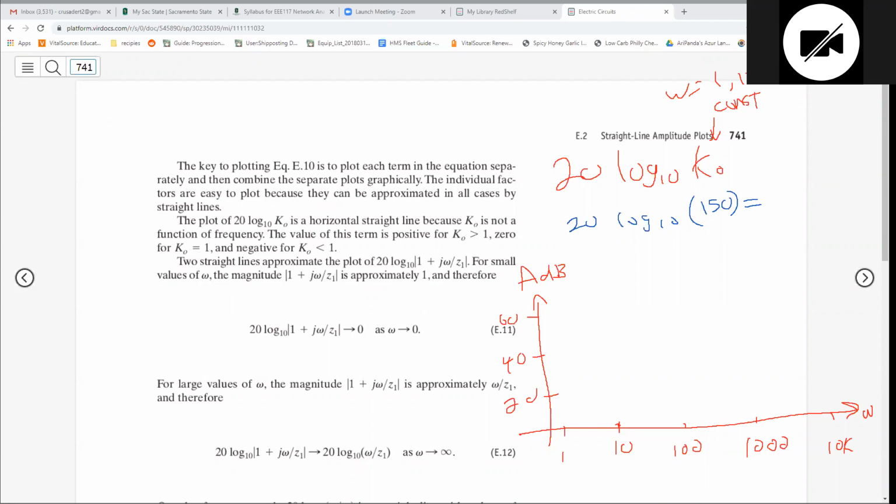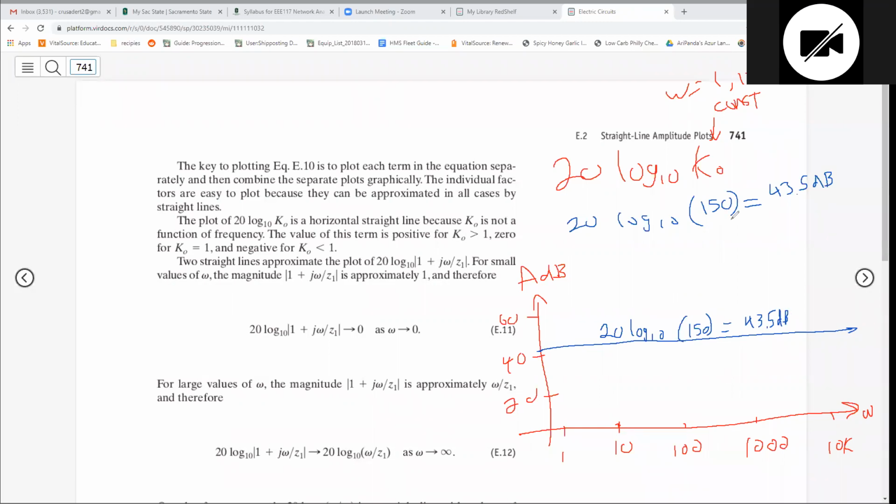I got 43.5 dB. So you would figure out where 43 is, about right here, and you draw a flat line. This is 20 log 10 of 150, which is equal to 43.5 dB. So that's how you do a constant number.